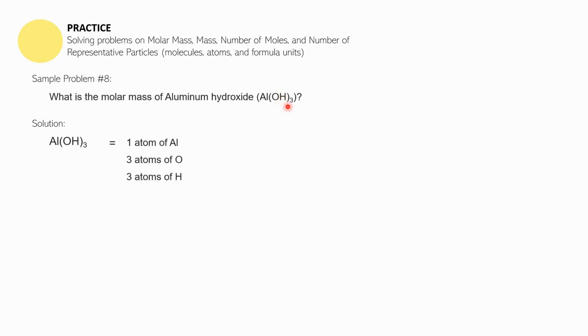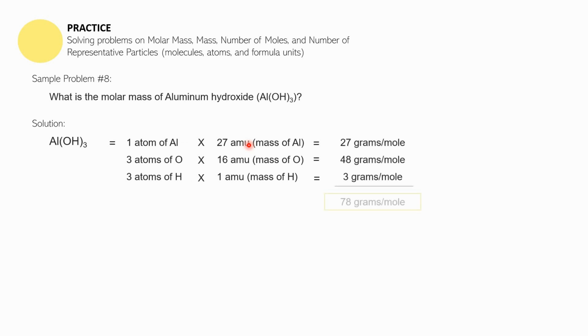So that means when you report aluminum hydroxide, the number of atoms are going to be multiplied by 3. So that's 1 times 3. That's 3 atoms for oxygen and 3 atoms for hydrogen. And then the usual, you just have to look at your periodic table and see what are their atomic masses. So the atomic masses are the following: 27 AMU, 16, and 1 AMU, respectively, for aluminum, oxygen, and hydrogen. What you need to do is to multiply these together, and the products are going to be added up to get the molar mass for aluminum hydroxide, which is 78 grams per mole.